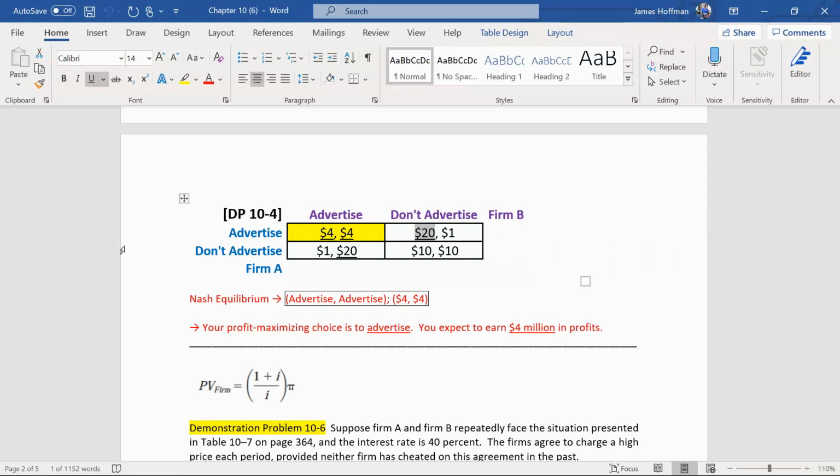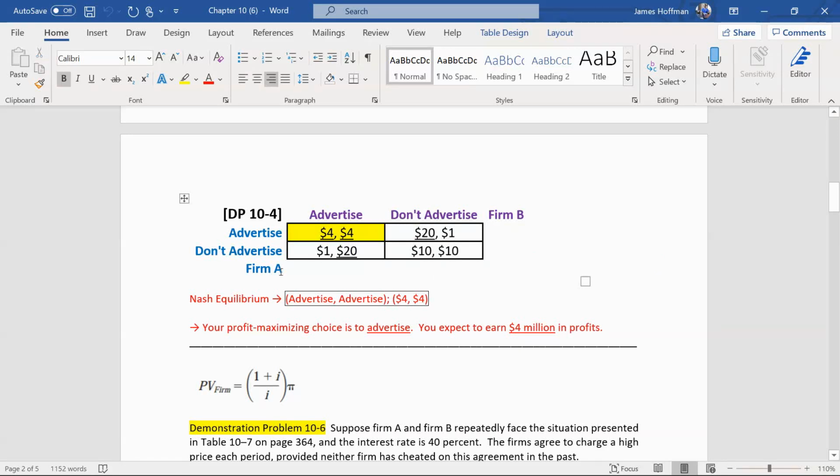So no matter what, firm A has a dominant strategy of advertising. Okay, because this is bigger than this, and this is bigger than this.